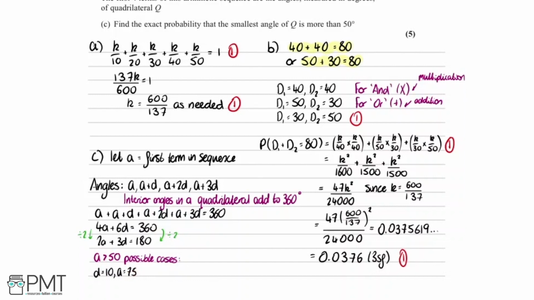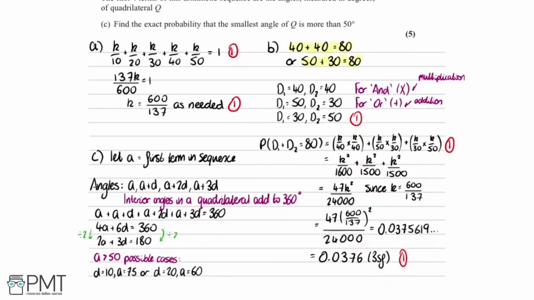Now I'm going to try D equals 20. 3 times 20 is 60, 180 minus 60 is 120, and dividing by 2, we get 60. So when D equals 20, A is 60, and again that meets our condition of A being greater than 50.